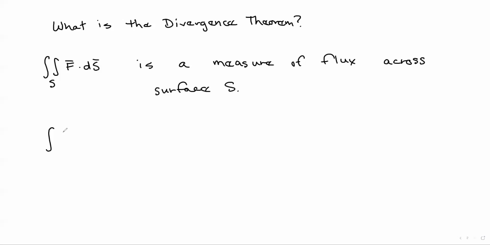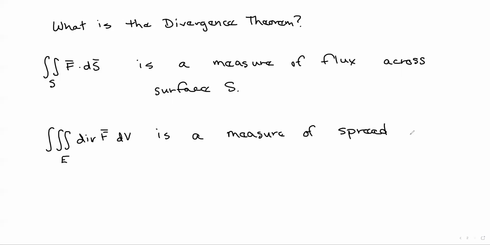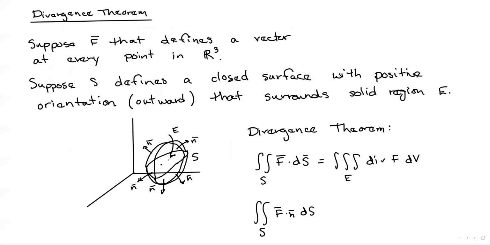Then the right-hand side, we have the divergence of F. We know what the divergence does: the divergence measures how much spread there is at a point. So this is a measure of the spread at all of the points inside. The idea is that you go to each point inside here and you calculate how much spread occurs at that point.